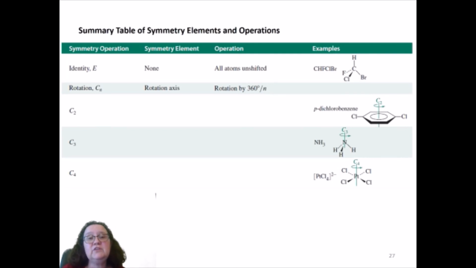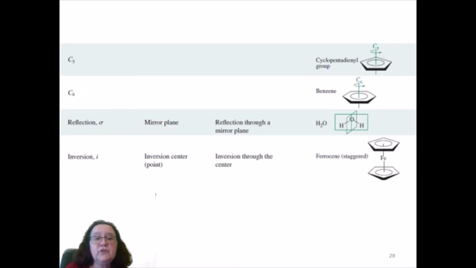The following 3 slides are trying to summarize all the symmetry elements we have looked at in previous slides. All the molecules will have the identity operator, the E, the symmetry element none, all atoms are unshifted. It's literally the configuration of that particular molecule, and all the molecules will have one. You also have rotation axes, C2, 3, 4, 5, 6, depending on the angle of rotation, from 180 degrees a C2 to 60 degrees a C6.